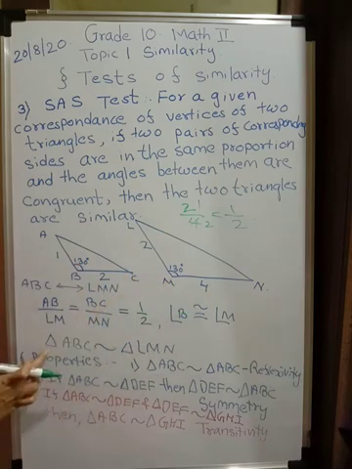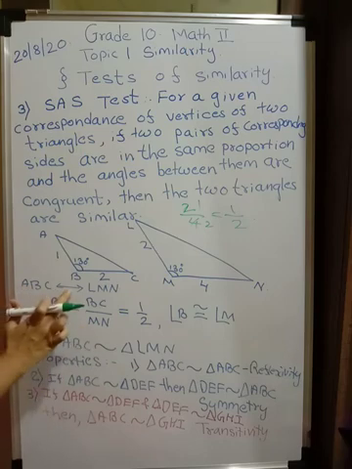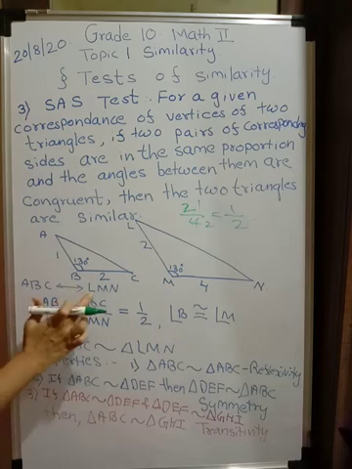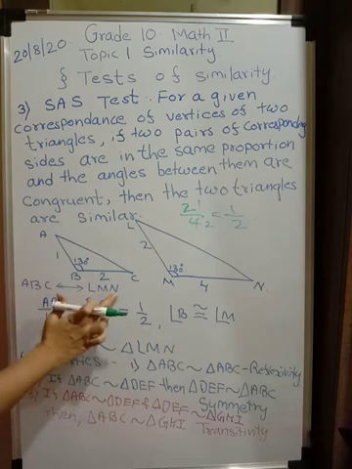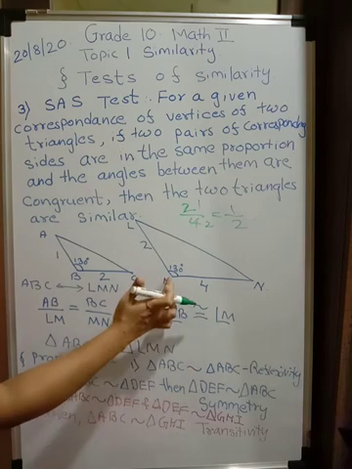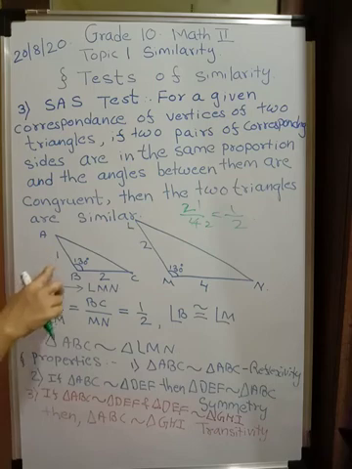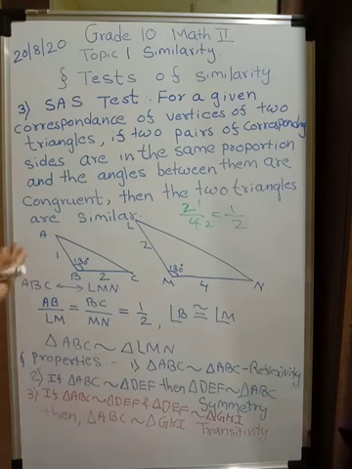And therefore the correspondence of the vertices over here is ABC is in 1-to-1 correspondence with LMN. Okay, now here only one angle is congruent, which is that angle B is congruent to angle M. But here two sides are in proportion, a pair of two sides. So AB upon LM is equal to BC upon MN, which is equal to 1/2. I hope this test is clear.